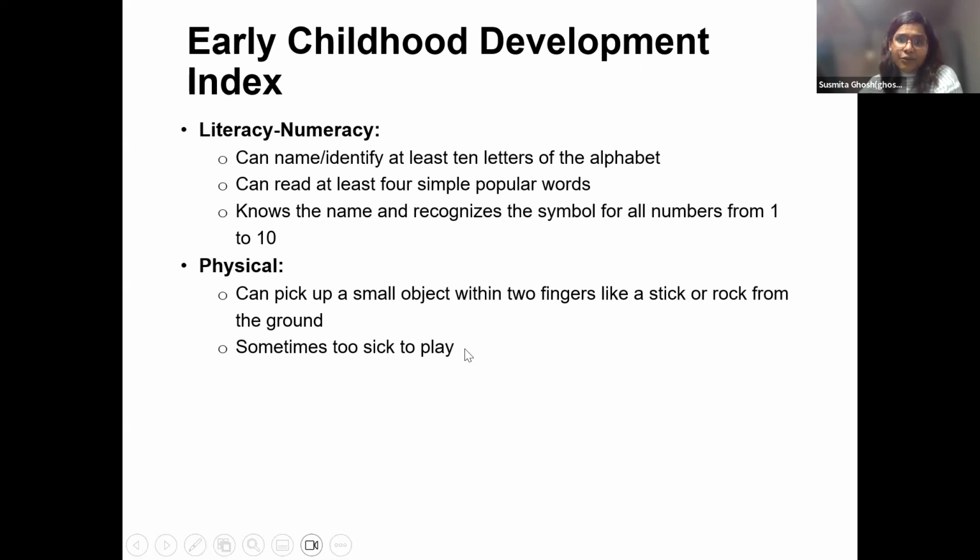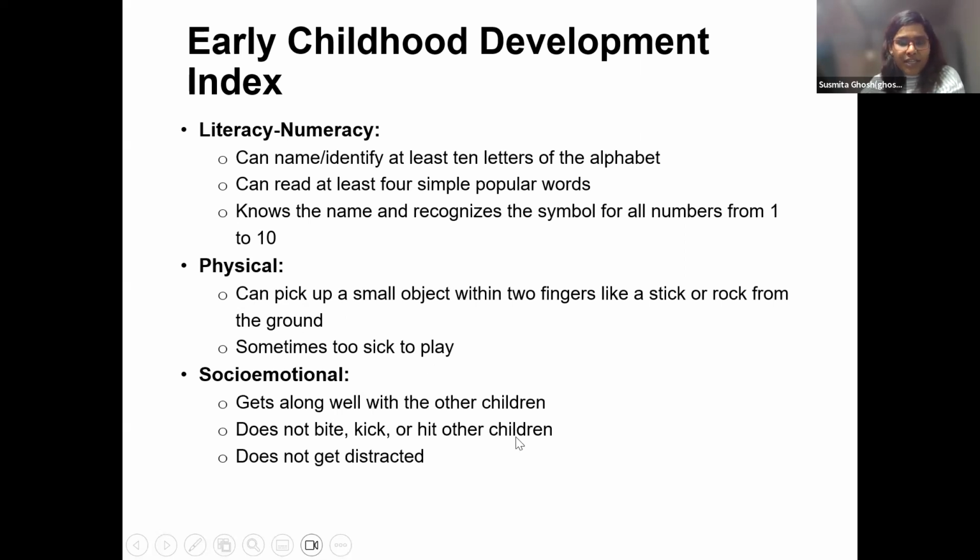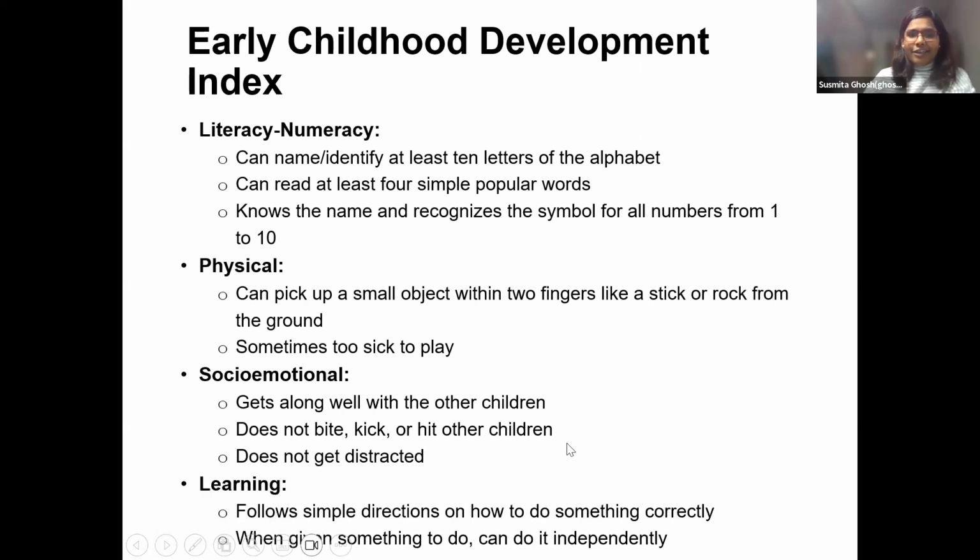The socio-emotional and learning domains are the same as literacy-numeracy, but the questions are different. For the socio-emotional domain, for example: does the child get along well with other children, does the child bite, kick or hit other children, or does the child get distracted.